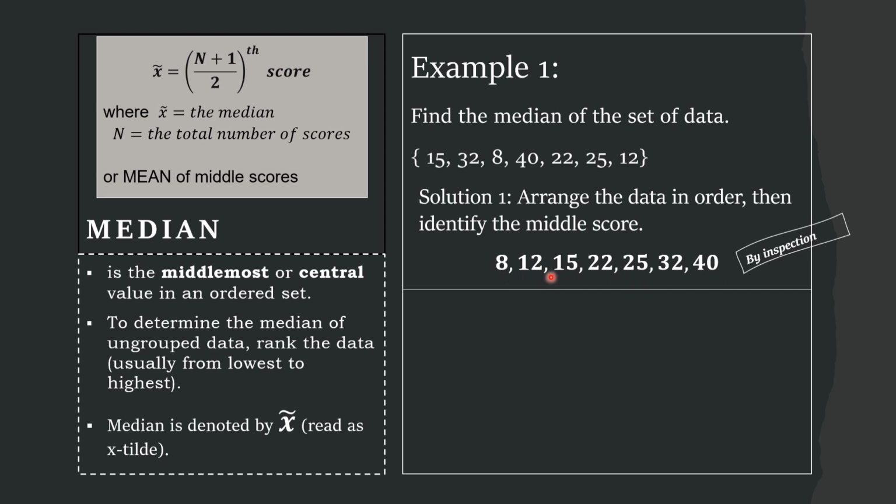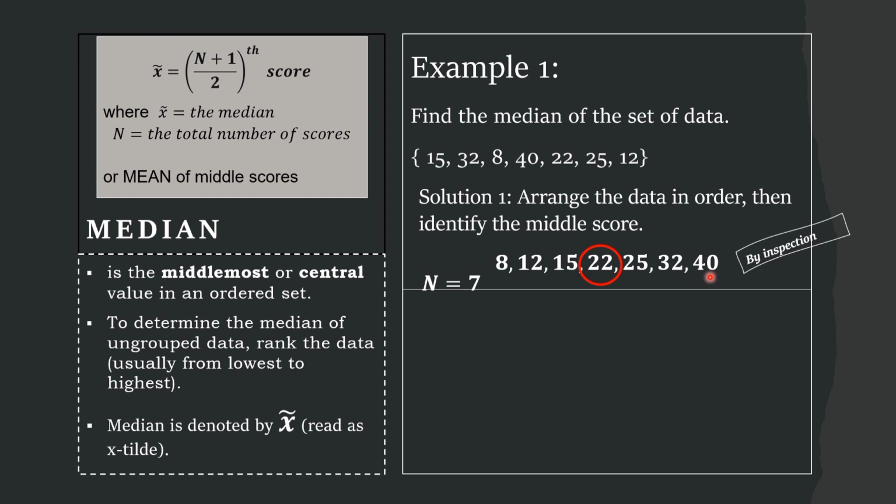Therefore, the middlemost is the fourth, which is 22. Lower half is 8, 12, 15. The upper half, there are 25, 32, 40. Always remember, the number of scores on the lower half and the upper half of the ordered data are equal.